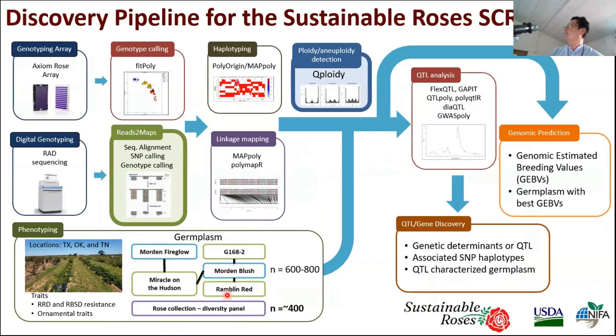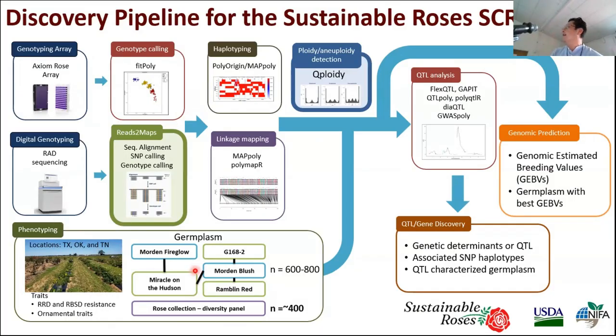We've got biparental populations. We'll have rose collections, a diversity panel, and this material will be phenotyped in Texas, Tennessee, and Oklahoma. Texas, black spot and cercospora; Tennessee and Oklahoma, mostly rose rosette disease.